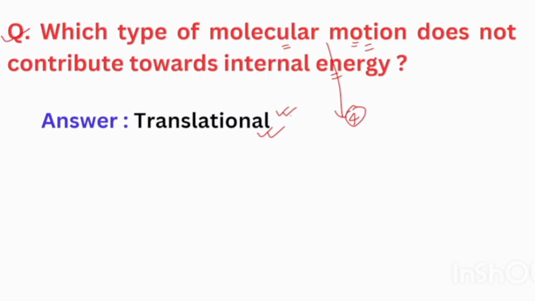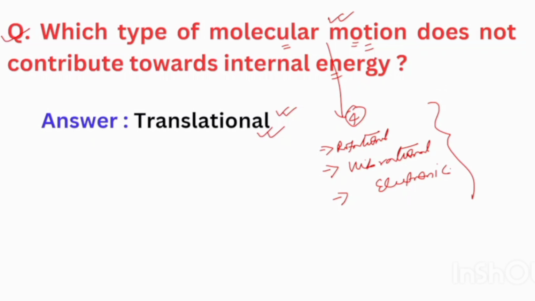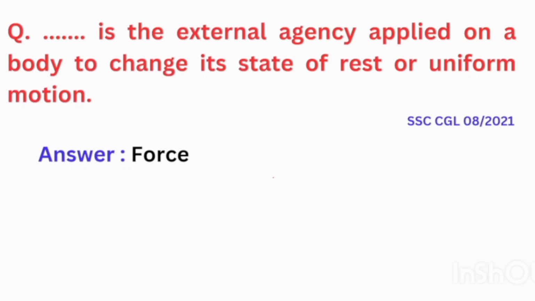First one is translational, second one is rotational, third one is vibrational, and fourth one is electronic. So now we know what is a molecular motion and what are the four types of a molecular motion. Four types of molecular motions are translational, rotational, vibrational, and electronic. Let's move on to next question.